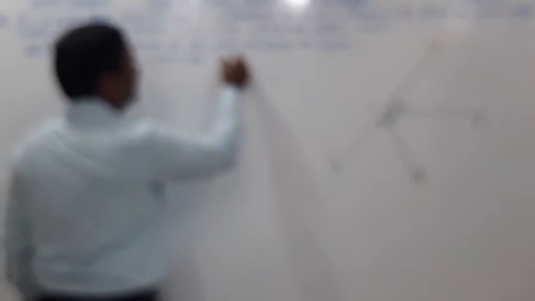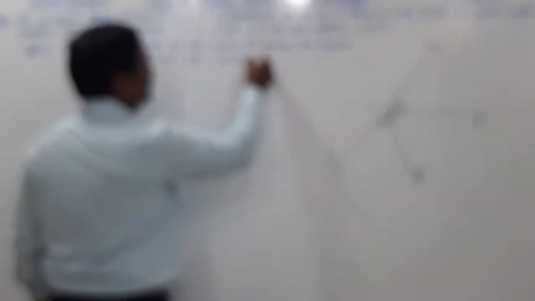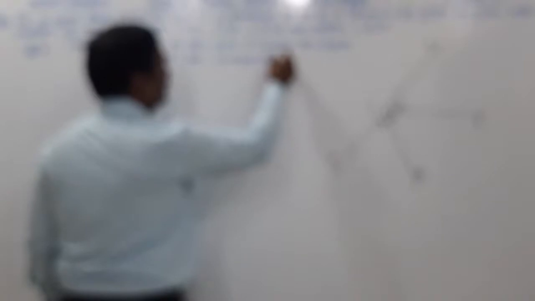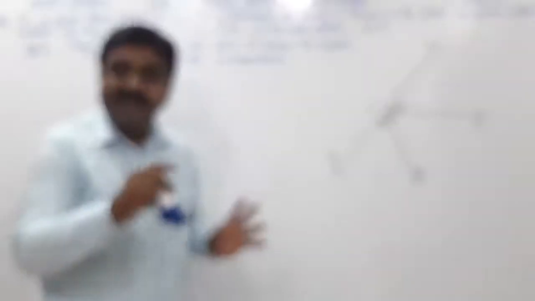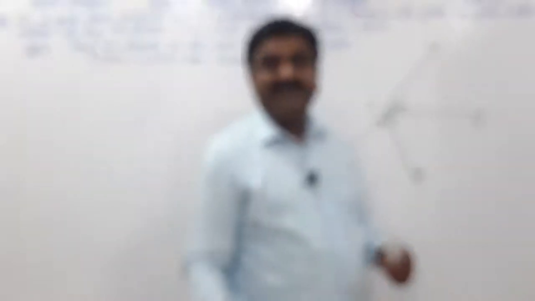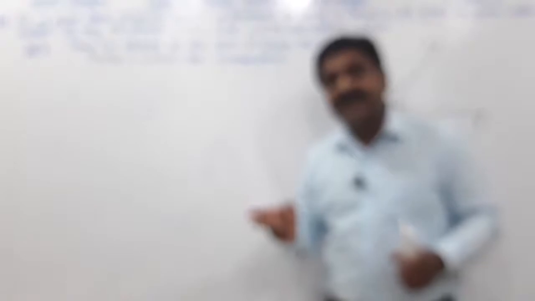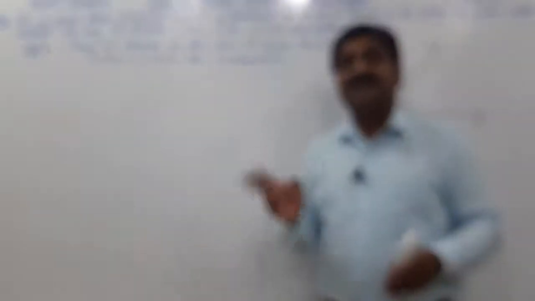They are a linear pair. Right students? So these are linear. Why? Because this XP is a straight line, and dear students, you have read in your textbook that when the sum of two angles is 180 degrees, then both the angles are said to be supplementary to each other, right?